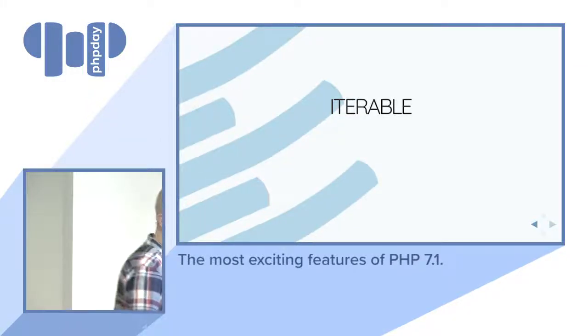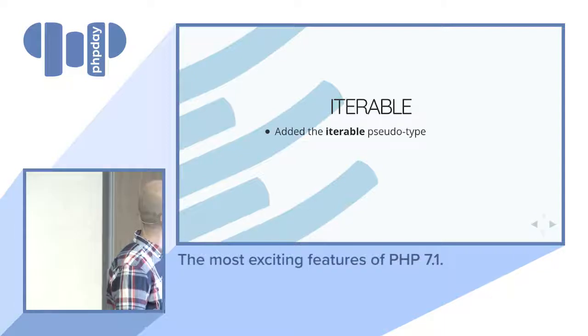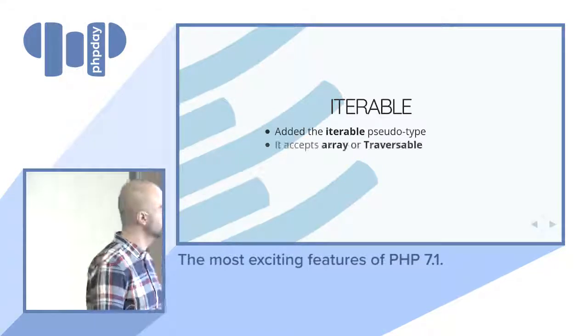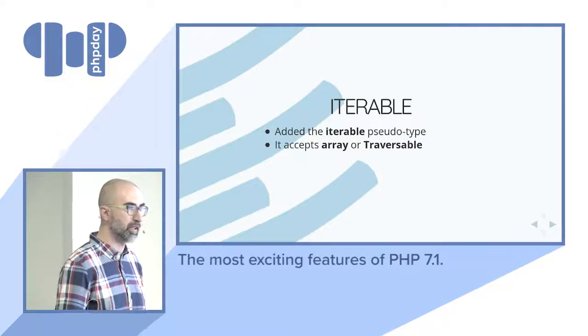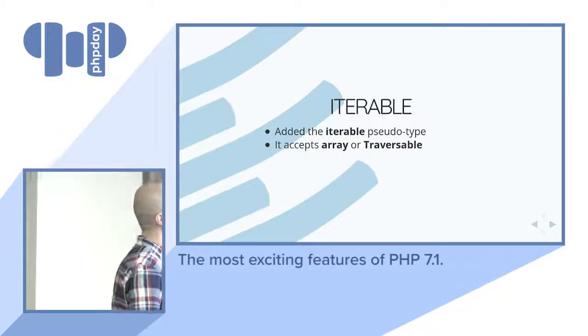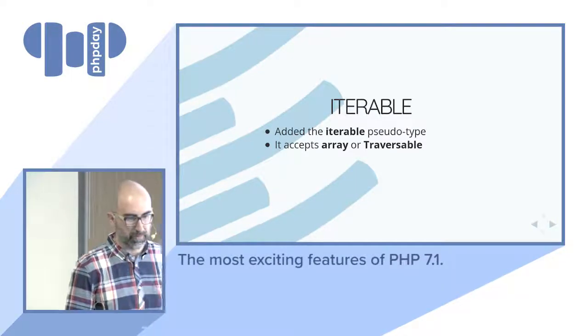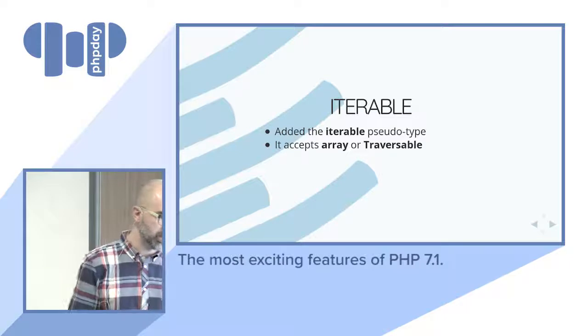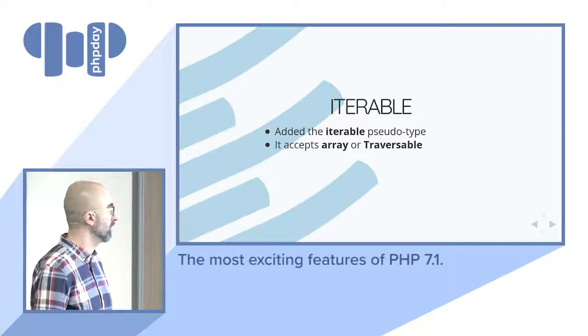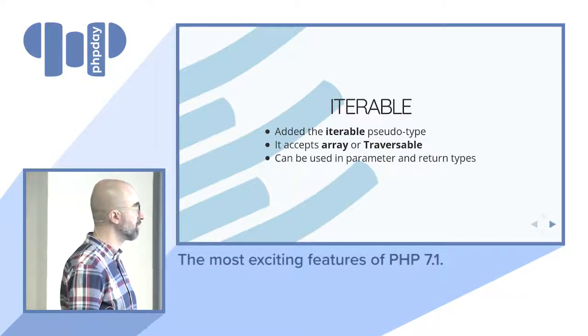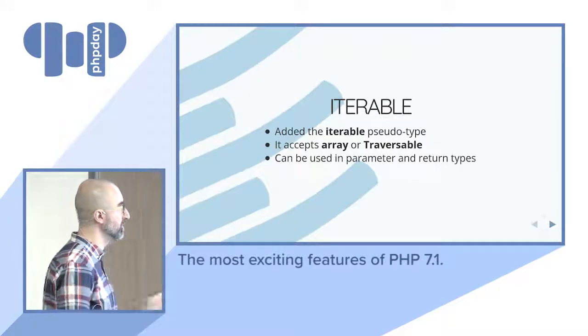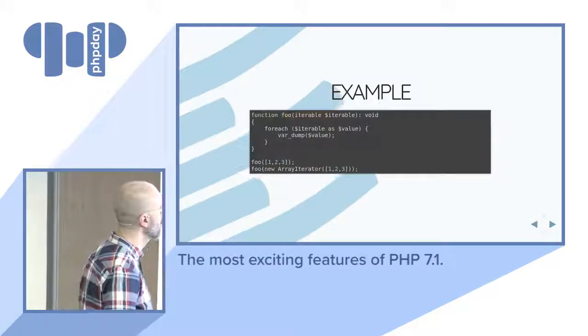Next feature, iterable. We added a new pseudo type that is iterable. So basically, it accepts array or traversable. Why can it be useful for people? Because you can write more flexible code. It can be used also, of course, in parameter and return types. This is an example.